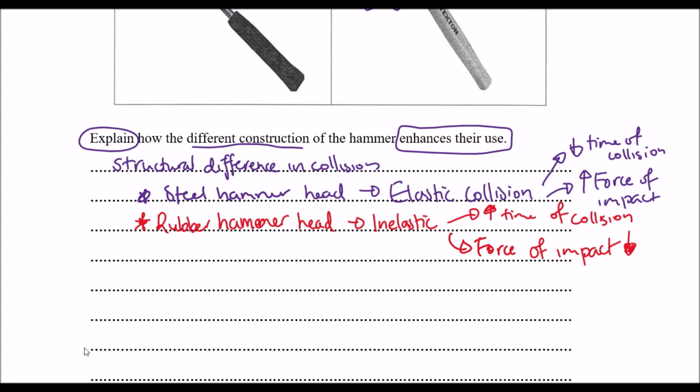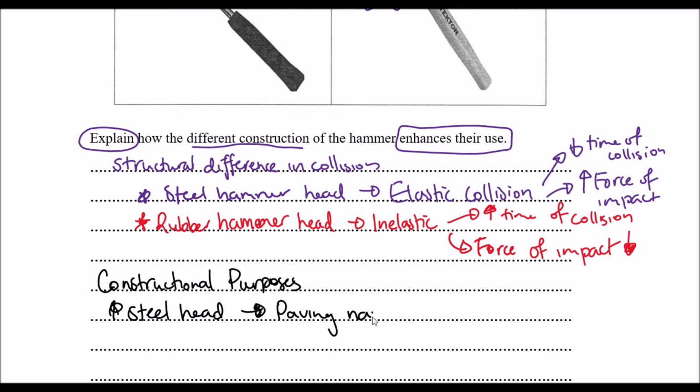Okay, so constructional purposes. With the steel hammerhead, the steel head, we use that for paving nails. The reason why we use this is because we need a much greater force to push the nail into whatever scaffold that we're using.